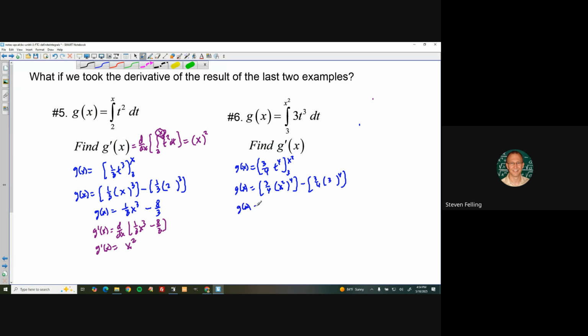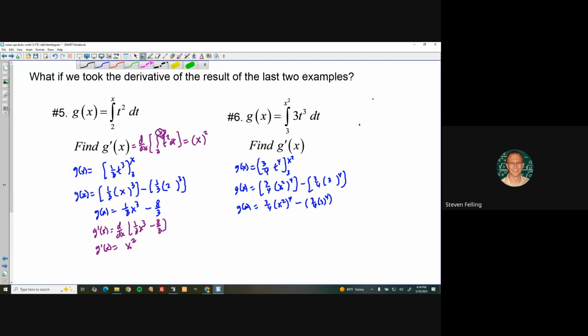And that's going to give me 3/4 x squared to the 4th minus a big constant here, which is 3/4 times 3 to the 4th.